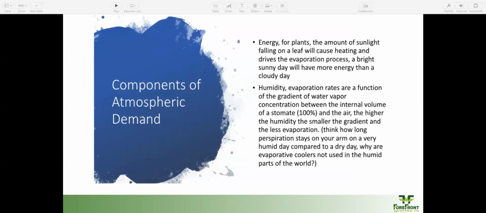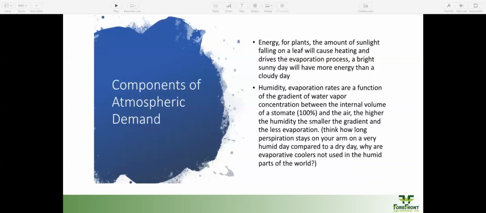So, digging into the components of atmospheric demand, number one is energy, and that comes from sunlight. What happens is that sunlight heats the leaf surface and drives that evaporation process. And obviously, a sunny day is going to have more energy than a cloudy day.